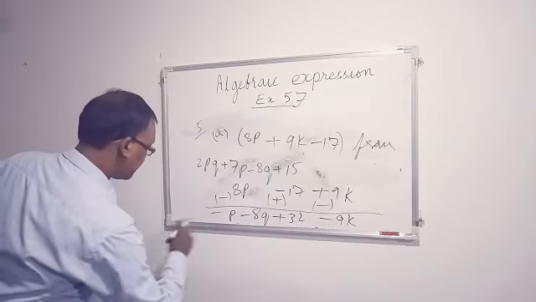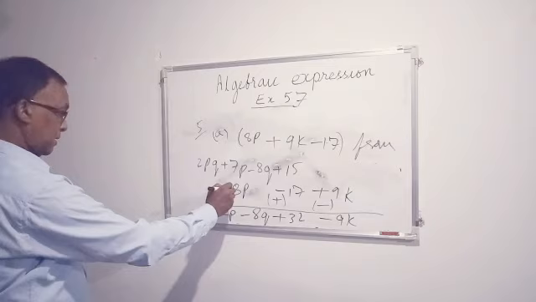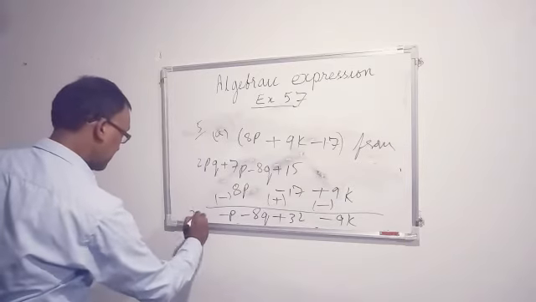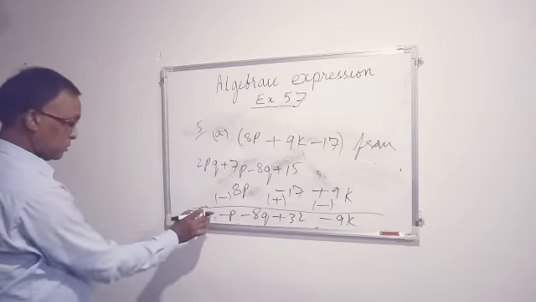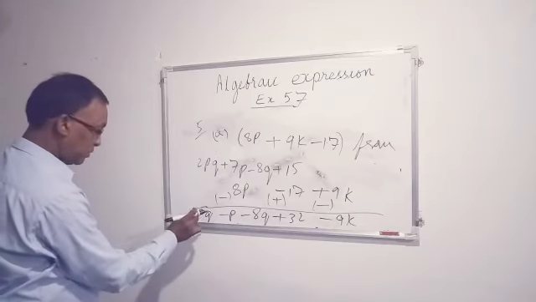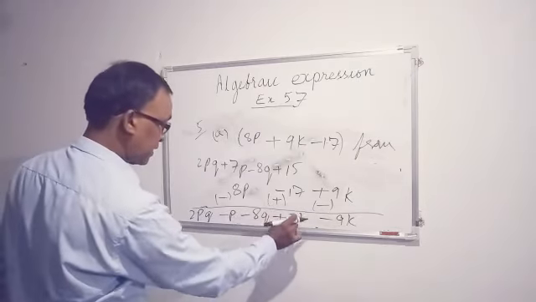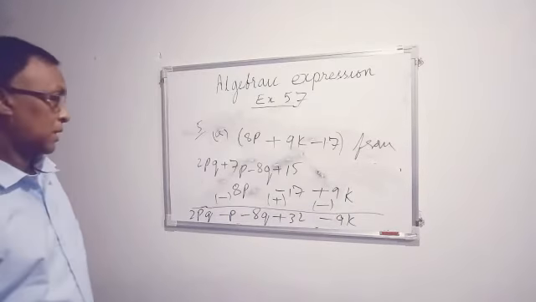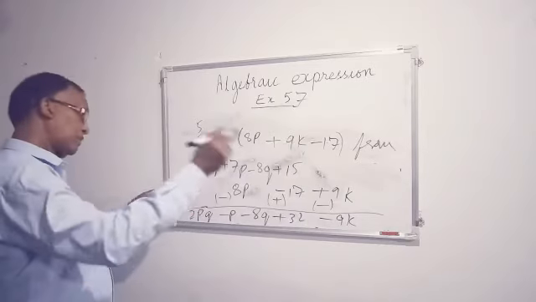So next one, after this greater number in front minus, so I'm writing minus. So next is 2pq. Here alone, so nothing to subtract, so I'm straight away noting down 2pq minus p minus 8q plus 32 minus 9k. I think subtract the first expression from the second expression.